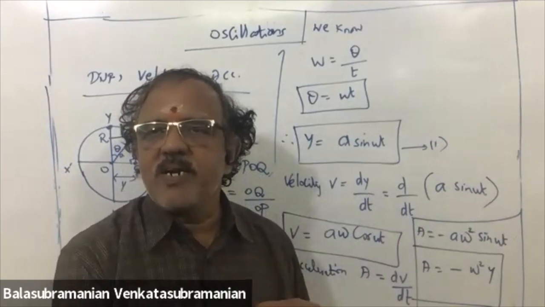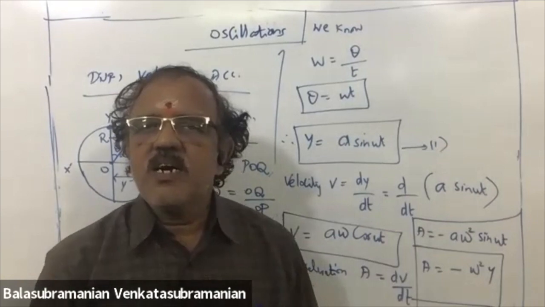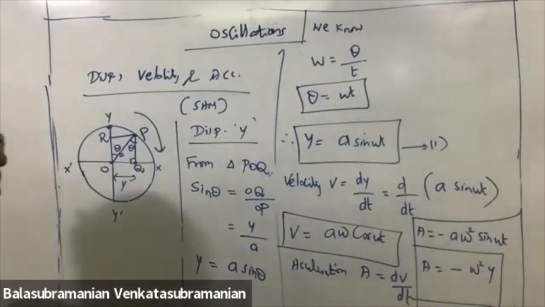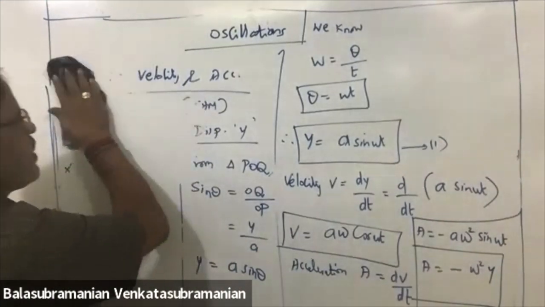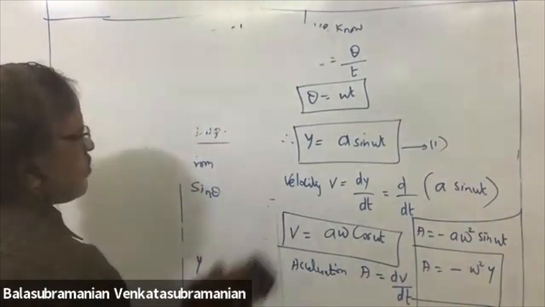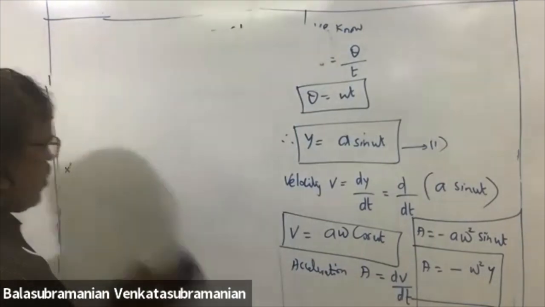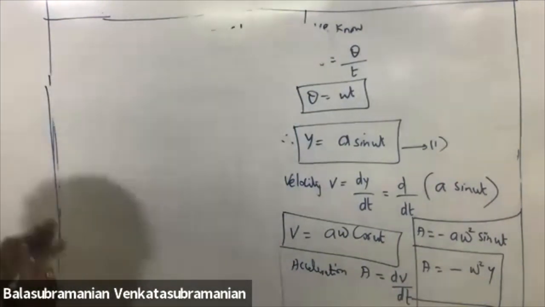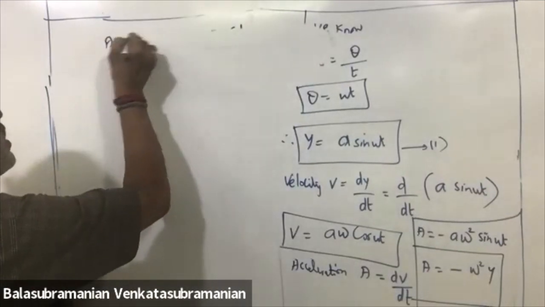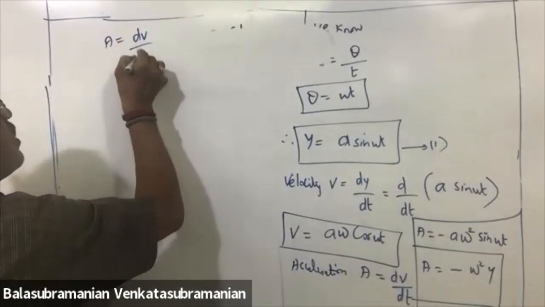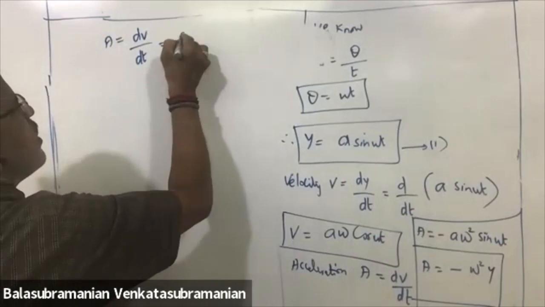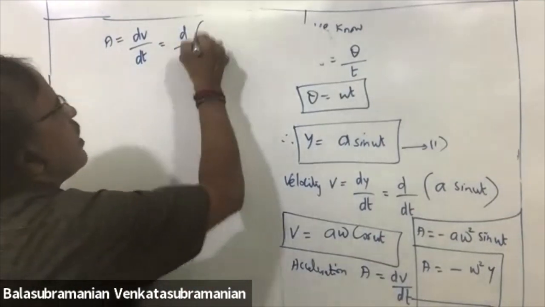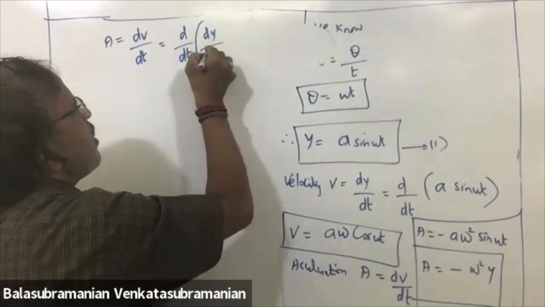So displacement, velocity, acceleration. Sometimes we can represent acceleration like this also. Acceleration is rate of change of velocity, d by dt of, what is velocity? dy by dt.